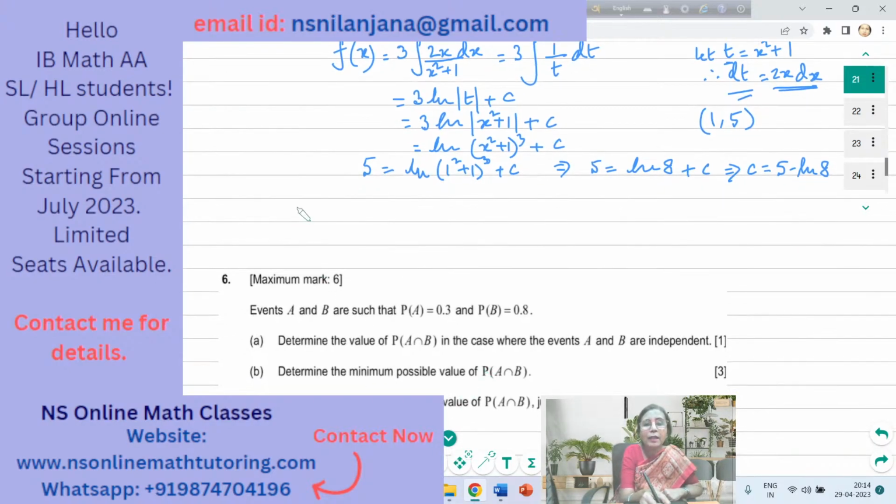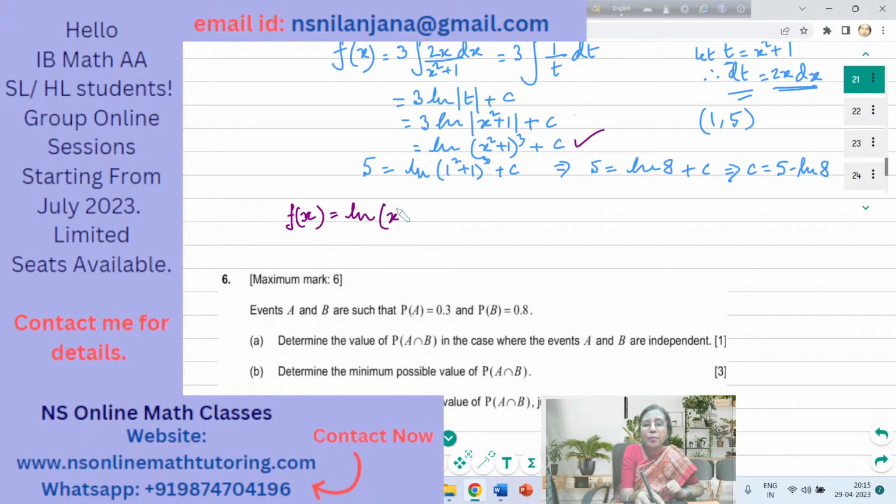F of x will be, I'm taking this expression. You can take the previous one also. Again, I'm saying there is no hard and fast rule that you have to take this one. So I'm taking the latter one.